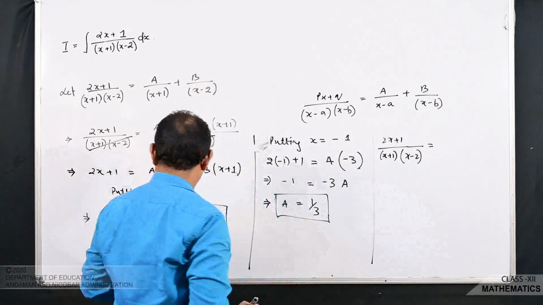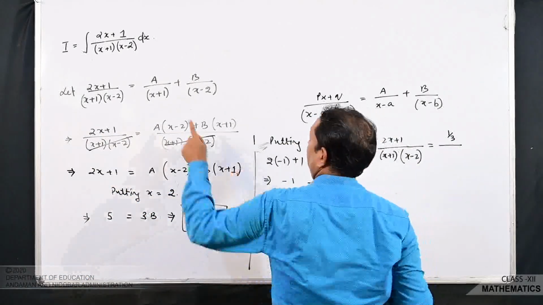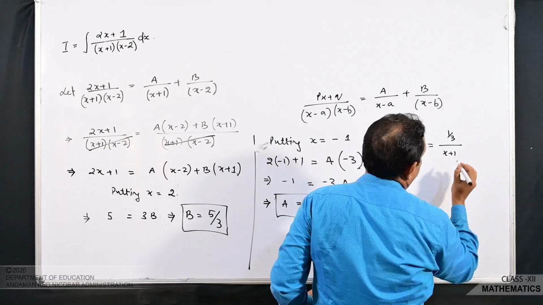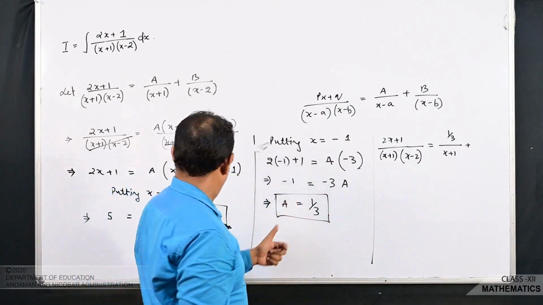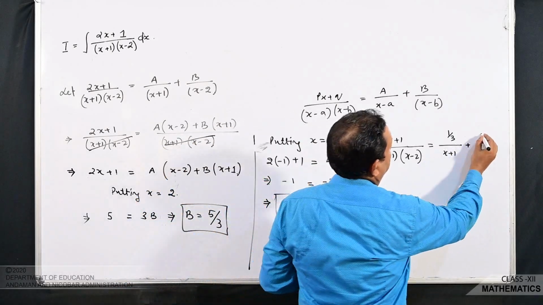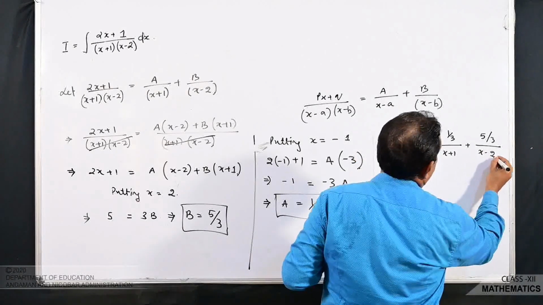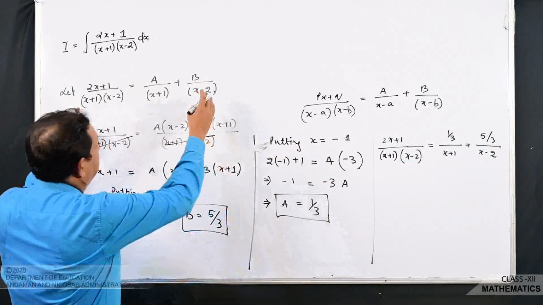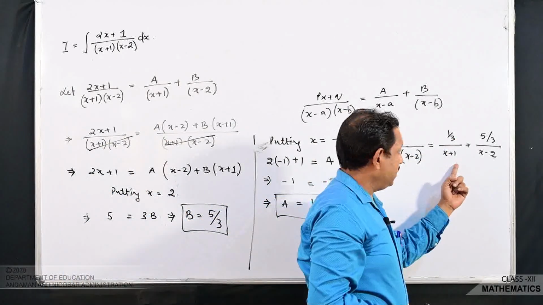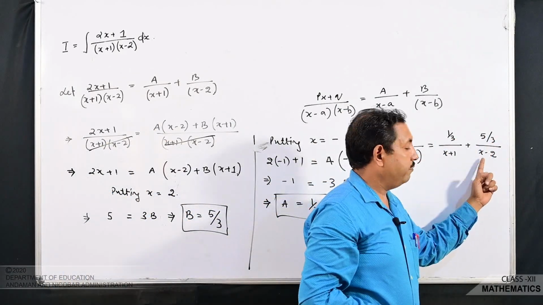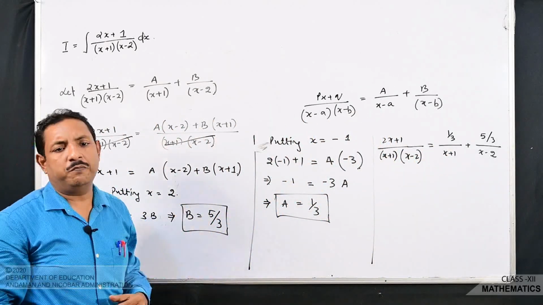A is 1 by 3, so 1 by 3 by (x plus 1), plus b, and b is 5 by 3, so 5 by 3 by (x minus 2). That means I made this part as 1 by 3 by (x plus 1) plus 5 by 3 by (x minus 2). Now our integration becomes very simple.